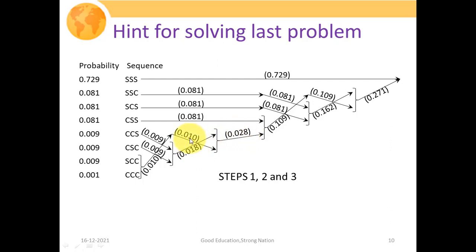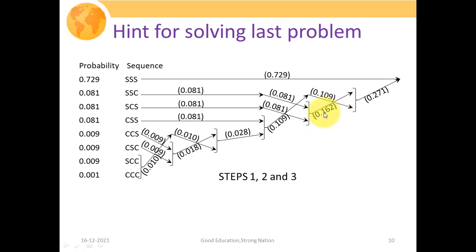Again the addition of these two turns out to be 0.028, and when we compare with the above probabilities, its position is determined. Then in the next step, when you add up the last two probabilities, the value turns out to be 0.019. Similarly, when we add up these two least probability values, that value turns out to be 0.162.